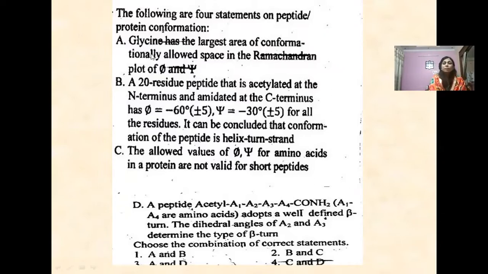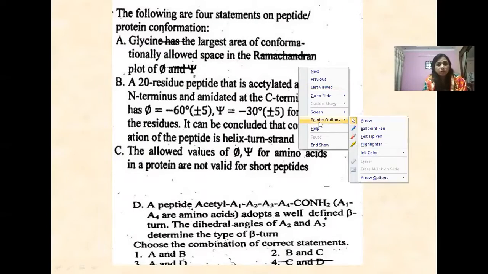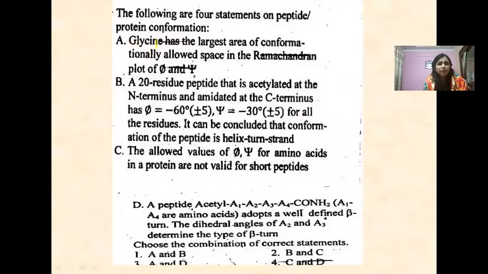The first statement is: glycine has the largest area of conformationally allowed space in the Ramachandran plot. This is right, because in an earlier video I discussed that glycine is the amino acid which has a hydrogen as its side chain.